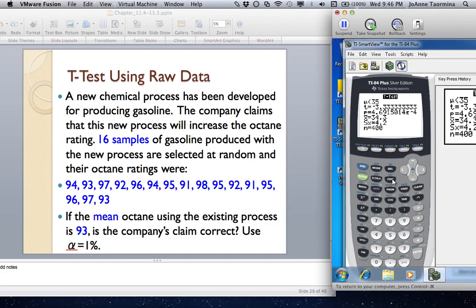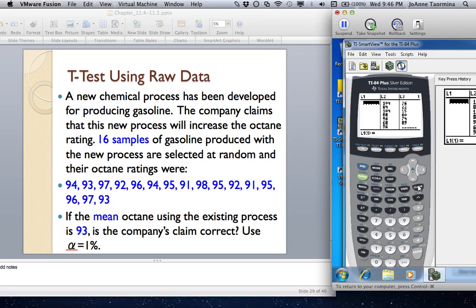Stat, edit. Okay, I'm going to put the data here in L1.